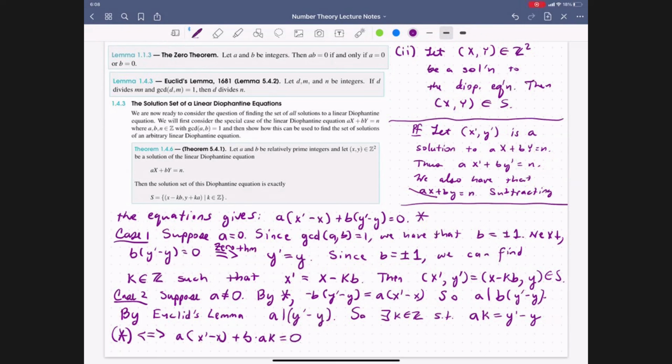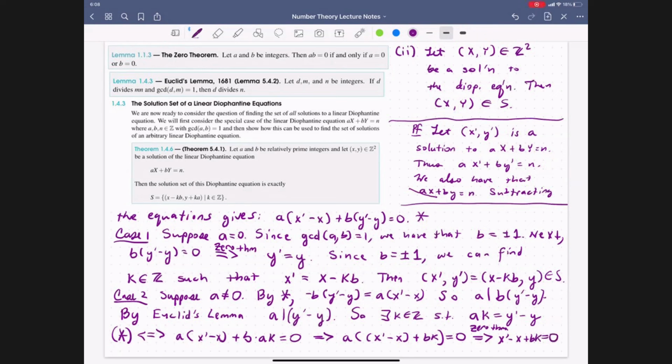And so now, if we factor out an a, we have x' - x plus bk is equal to 0. But the zero theorem tells us now that x' - x plus bk must be 0. So x' - x plus bk must be 0.